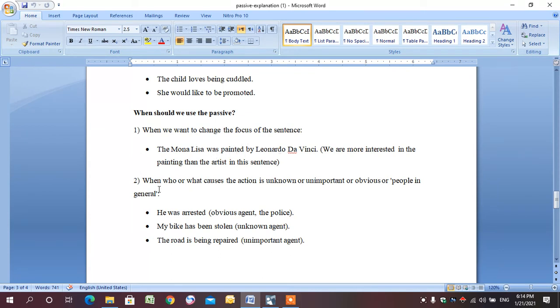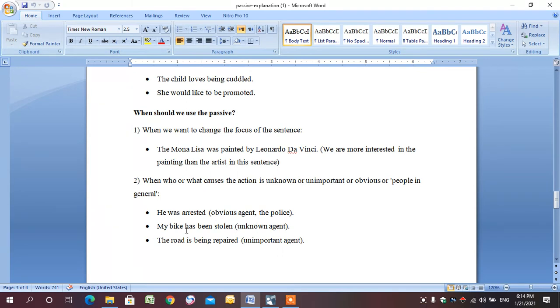Number two, when who or what causes the action is unknown or unimportant or obvious or people in general. So, he was arrested. Obvious agent, of course, he was arrested by who? By the police. So we don't need to mention the subject, the police. My bike has been stolen.